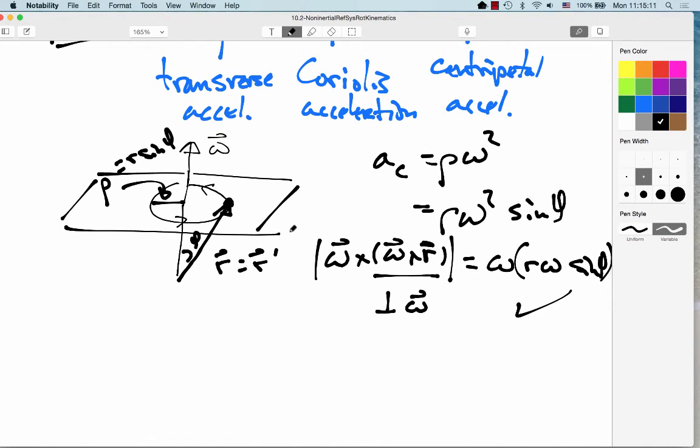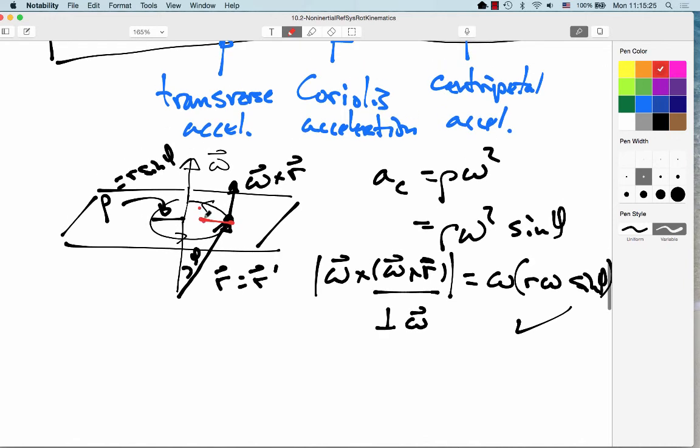You should be convincing yourself that remember we said our velocity here was omega cross r, and if you do the cross product one more time, you should find it pointing into the center of the circle like that, omega cross omega cross r.